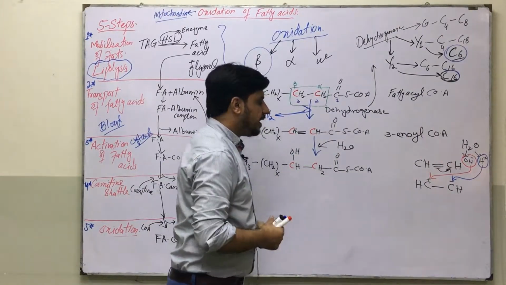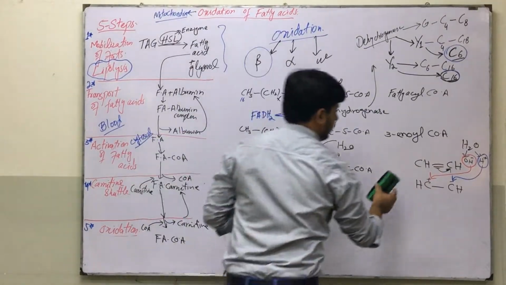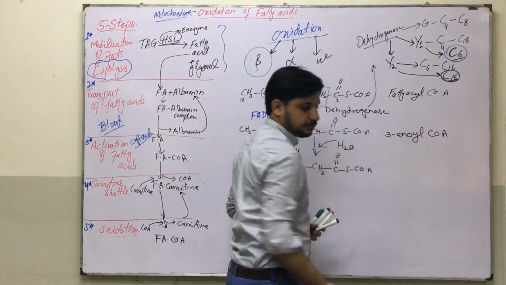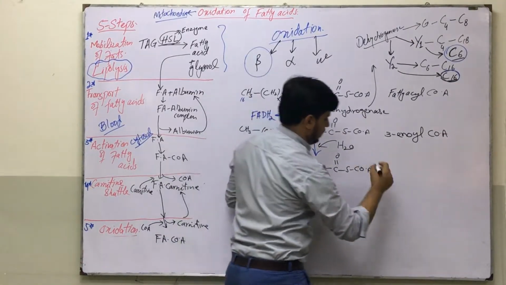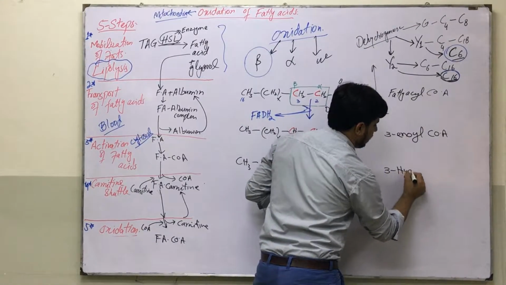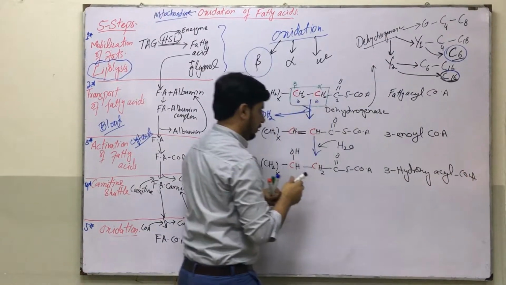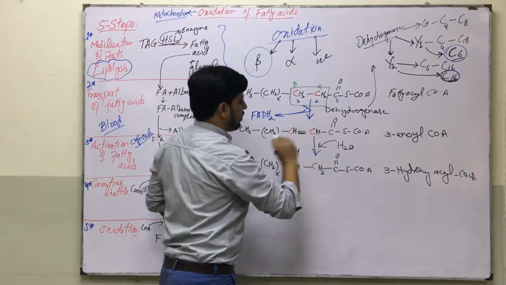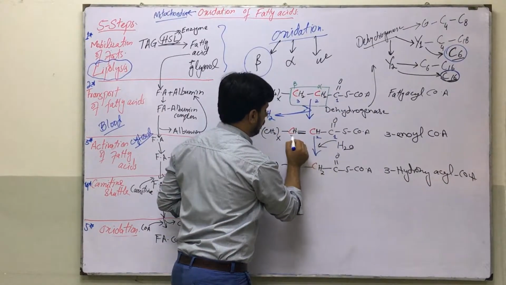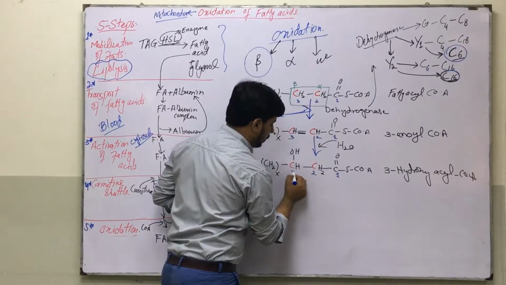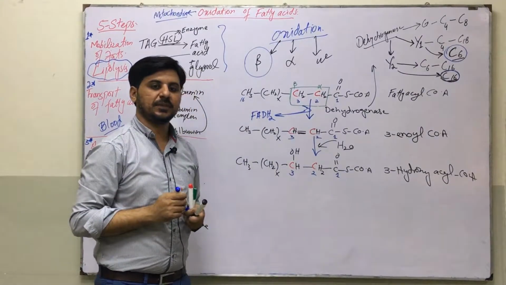Now this compound is named 3-hydroxyacyl CoA, because all the process is taking place through the third carbon, the beta carbon. 1, 2, 3. So 3-hydroxyacyl CoA. Is that clear?